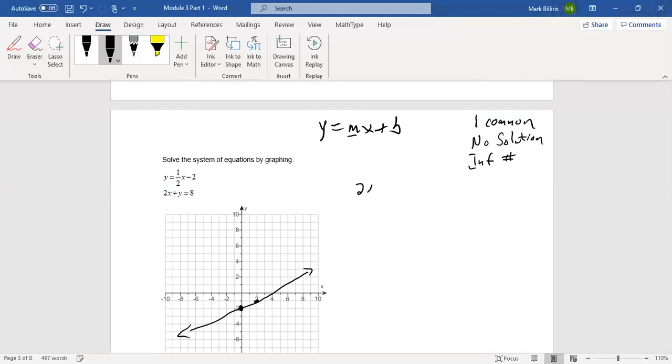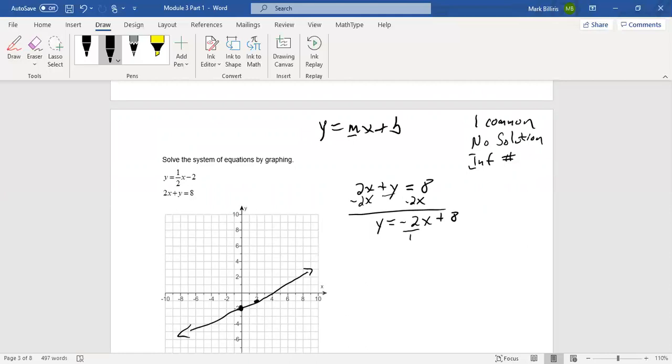Okay. So the next is not in slope-intercept form. So we have 2x plus y equals 8. So we have to put it in slope-intercept form. So we want y to be by itself. So we're going to subtract 2x from both sides. And this gives us y equals -2x plus 8. And remember, for graphing purposes only, we're going to express our slope as a fraction.